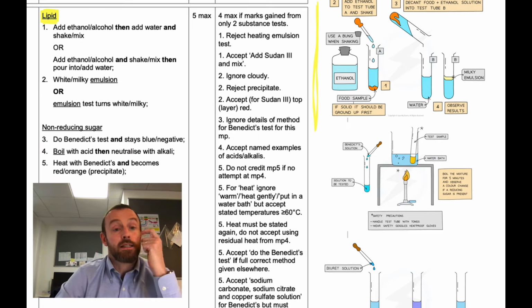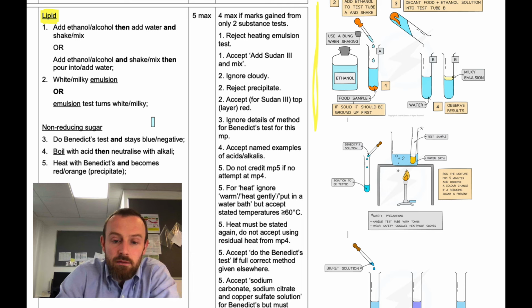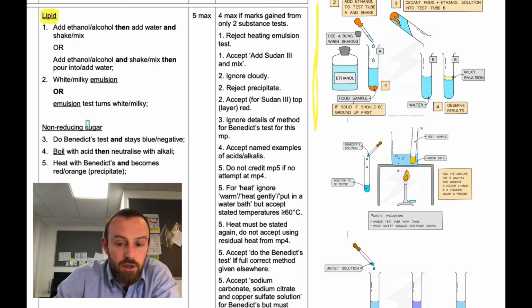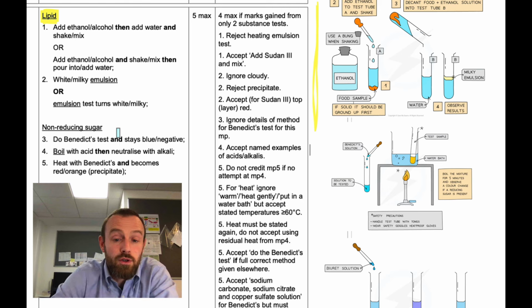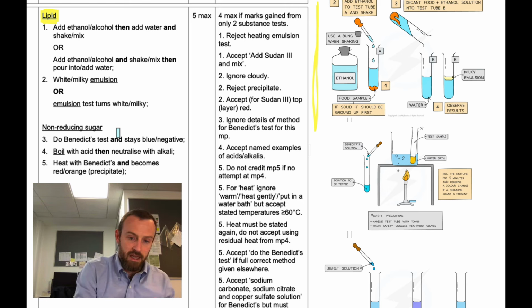Right, the next test is a bit more complex. So remember, this is the test for a non-reducing sugar. Actually, the only way that you can test for the presence of a non-reducing sugar is to first do the Benedict's test to see if there is a reducing sugar, and we have to rule it out. So we make sure that there isn't any reducing sugar there, first of all.